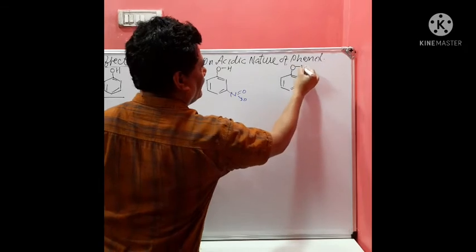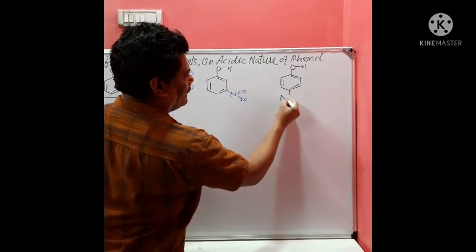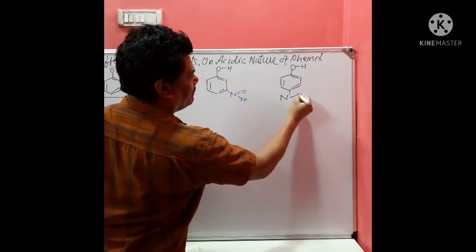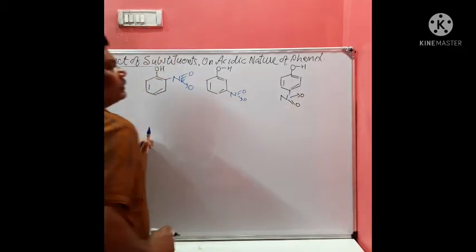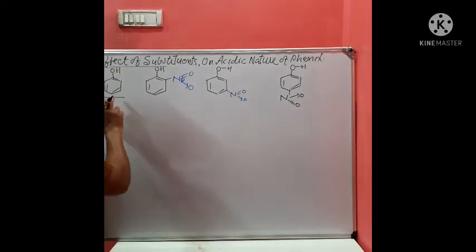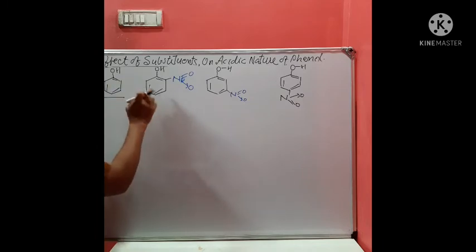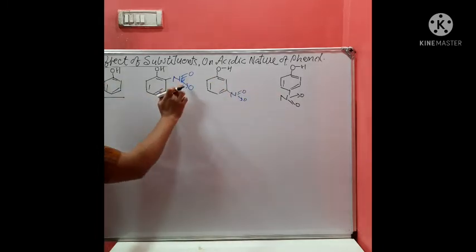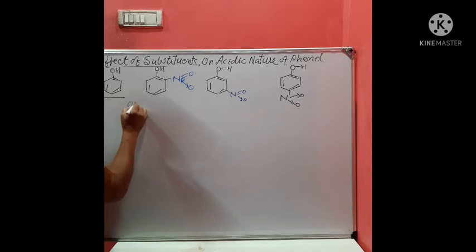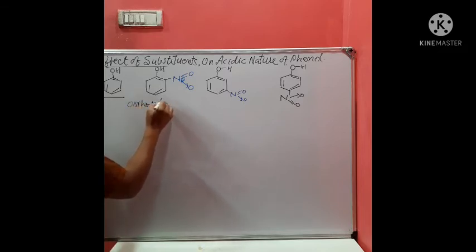This is OH, and now N double bond O and O. So three compounds are there of phenol, 1, 2, 3. This compound is called ortho nitrophenol.